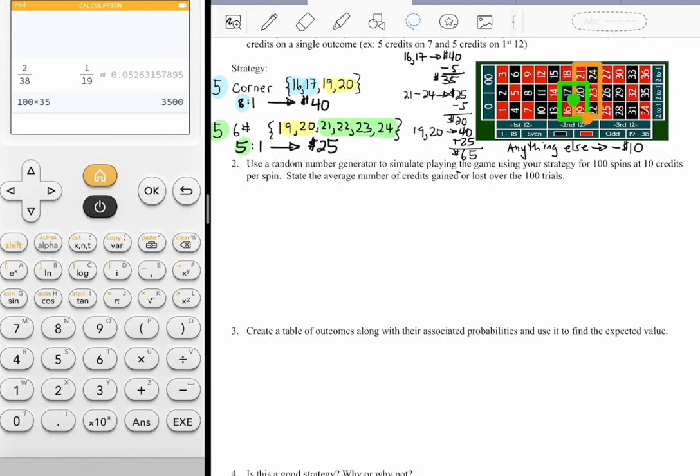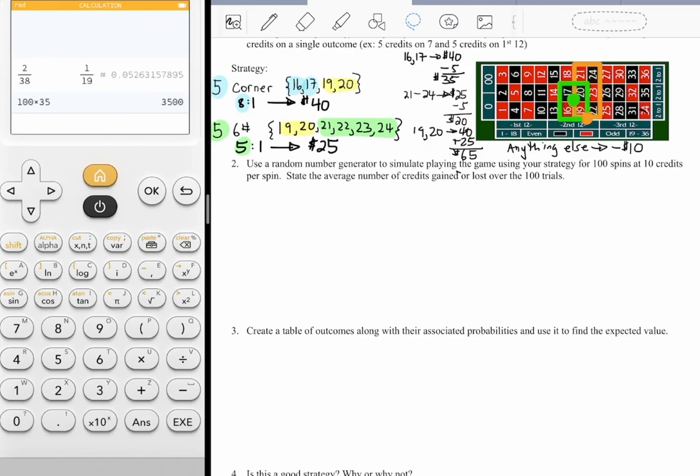I'll show you the simulation in a minute, but we want to make sure that we verify that this is computed correctly, because the expected value should be the same no matter what your wager is. So if you put $10 down on the number 8, or if you put $10 down on red, whatever, the expected value should always be the same. Negative 5 cents if you bet $1, roughly negative 50 cents if you bet $10. Right? 10 times the 5 cents.